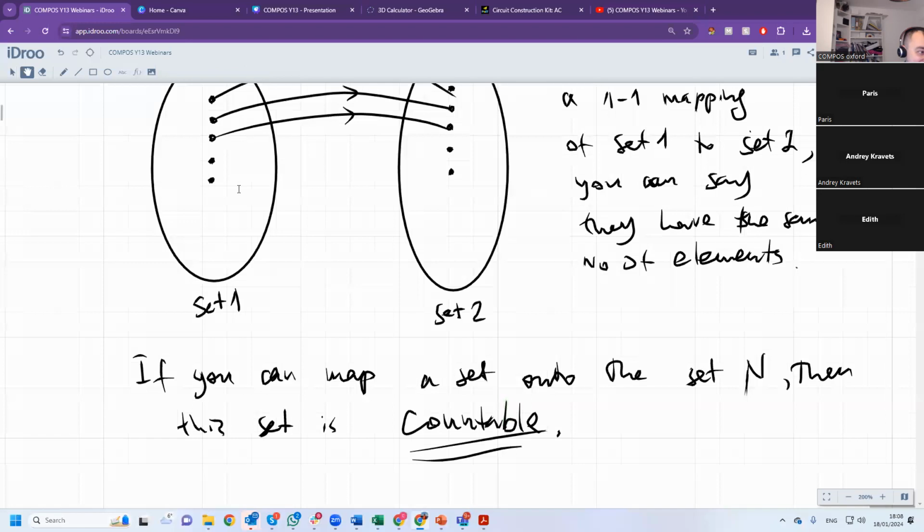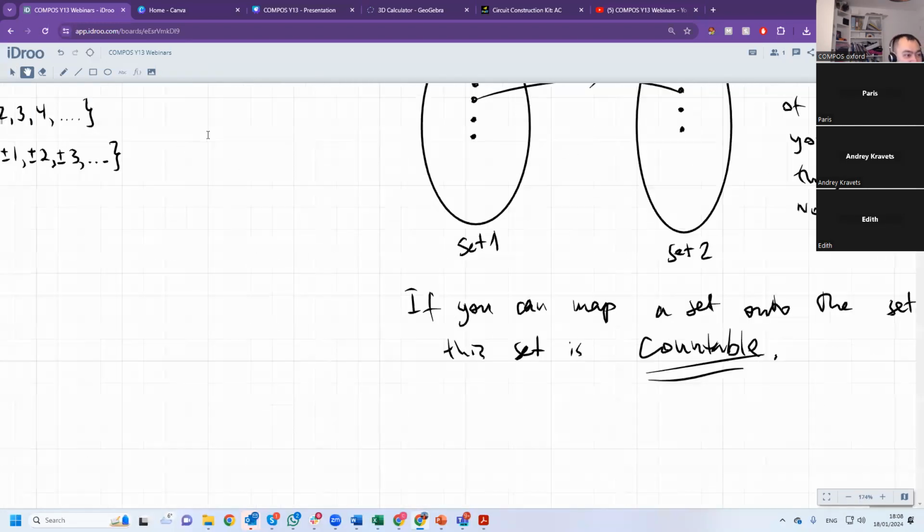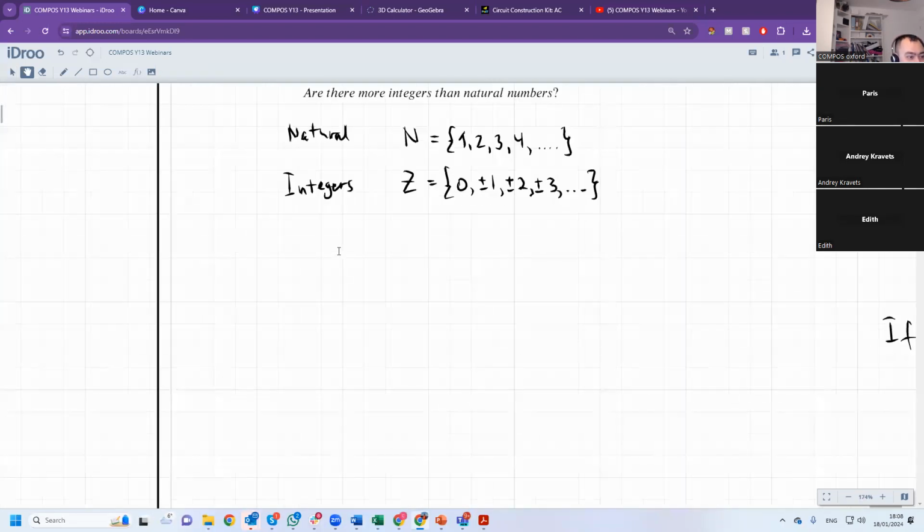And it turns out that there is a mapping for the integers. If you list all the integers in order, the integers are 0, 1, -1, 2, -2, 3, -3, etc. And you can map them onto the natural numbers set: 1, 2, 3, 4, 5, 6, 7.